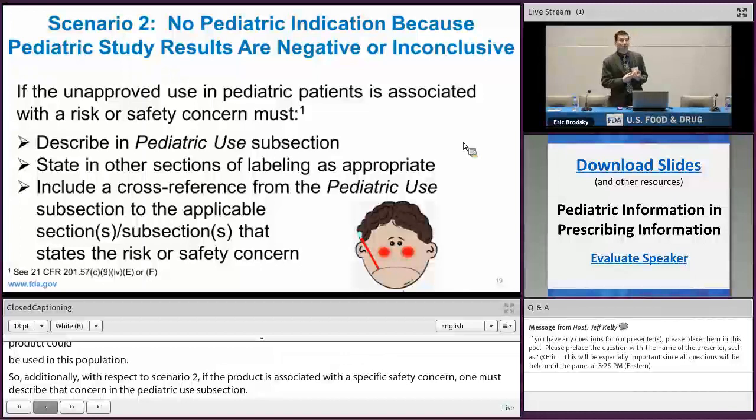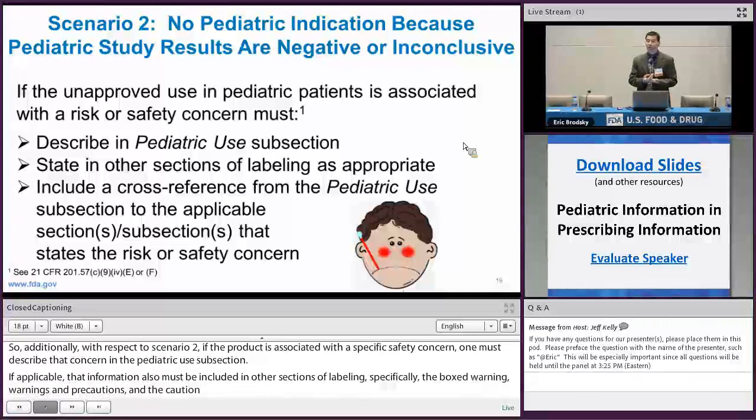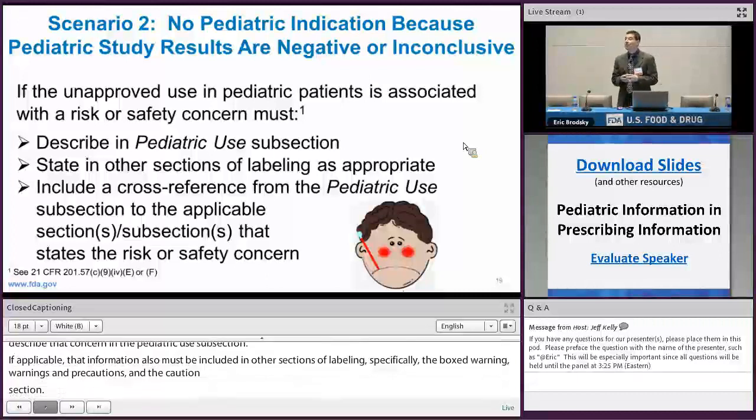So even though the product is not approved in pediatric patients, in certain situations one must describe it in other sections of labeling with appropriate disclaimers. And as I stated earlier, one would cross-reference from the pediatric use subsection potentially to the box warning, warnings and precautions, and/or contraindication sections if applicable.